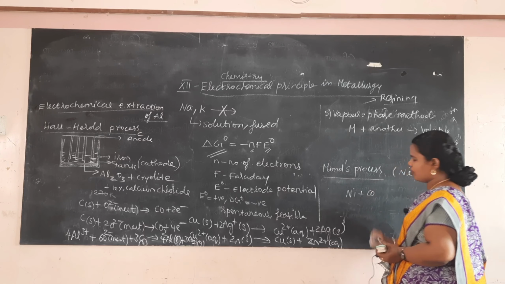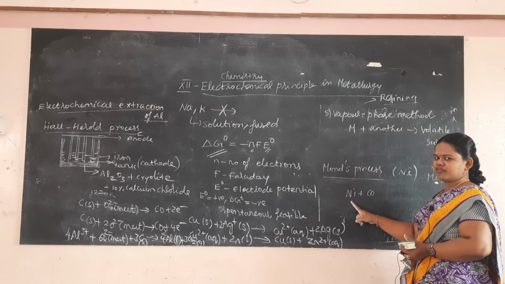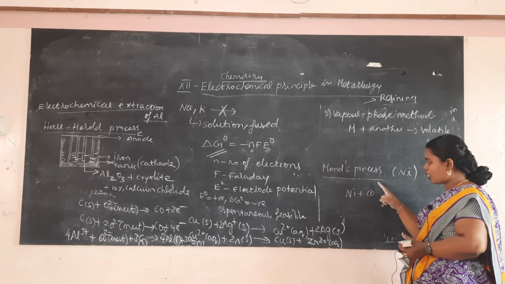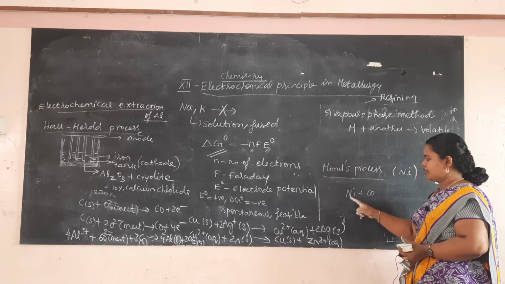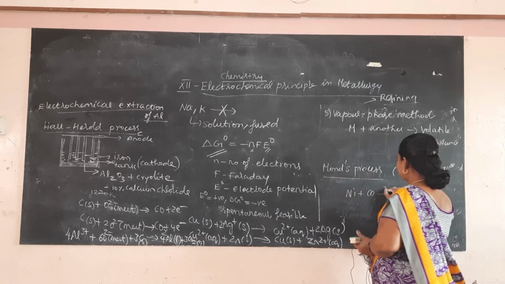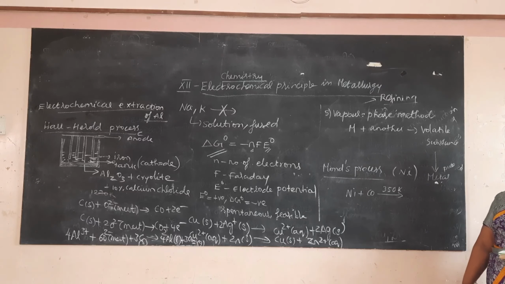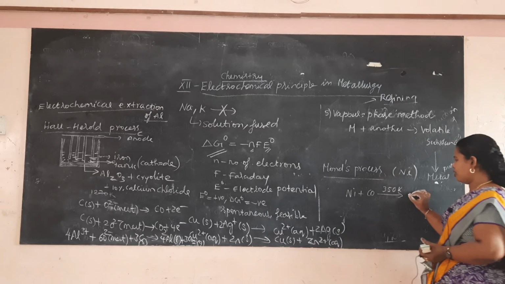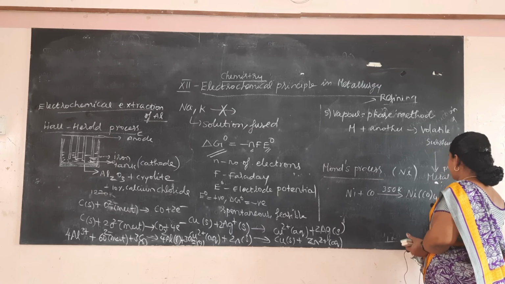A stream of carbon monoxide is allowed to pass over nickel at 350 Kelvin, and it forms a volatile substance, nickel tetracarbonyl.